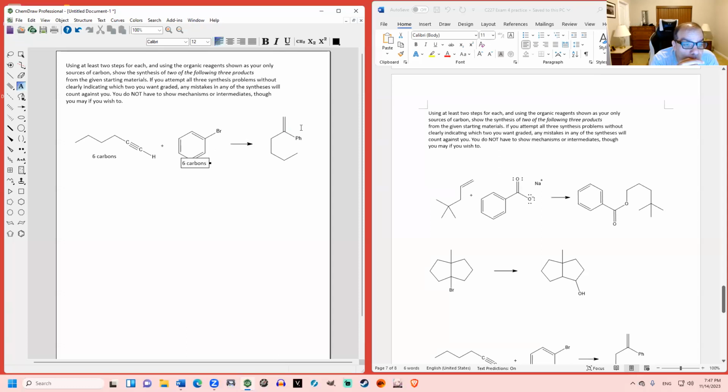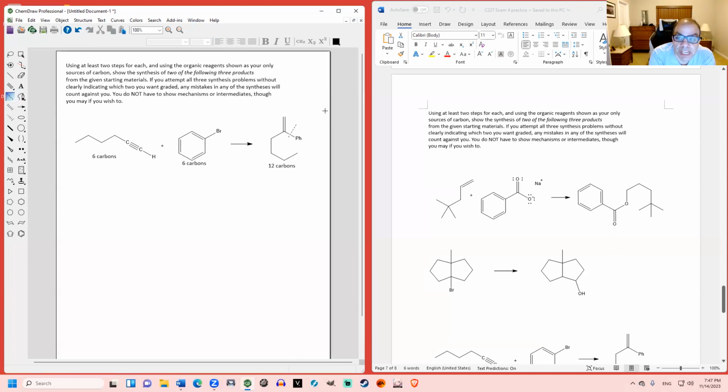Let's see if the product is 12. 6, 7, 8, 9, 10, 11, 12. Indeed, it does. So somehow we're sticking these two pieces together. And you can see where the benzene ring goes. The benzene ring from the bromobenzene gets attached right there.